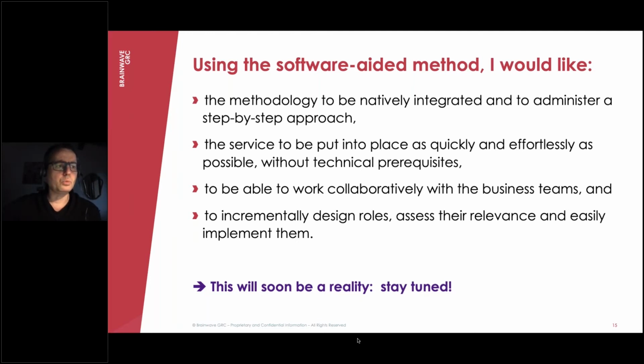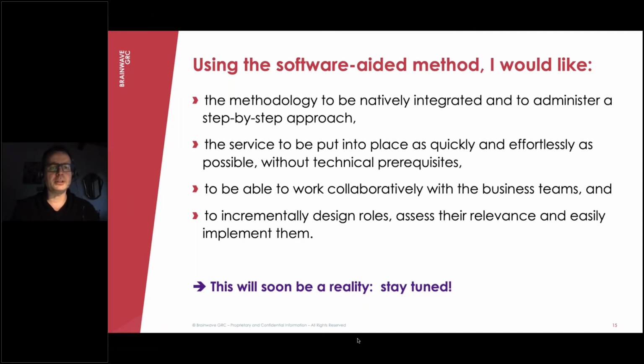So it's not having a tool on one side that does things automatically and having a consultant lead workshops on the other side. It's a completely intricated methodology within the software tool.